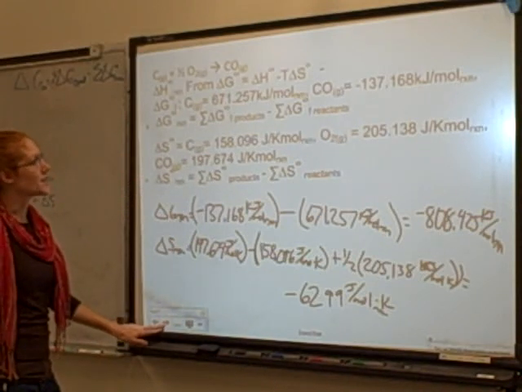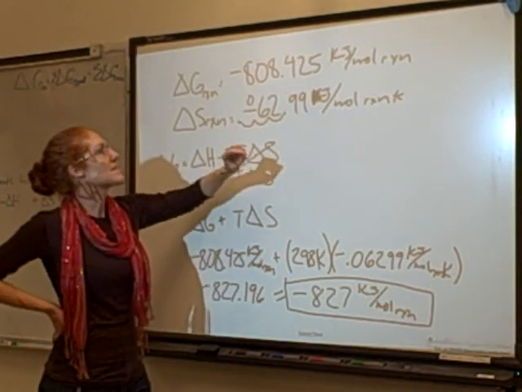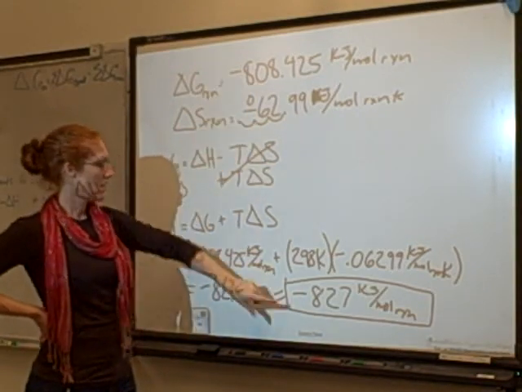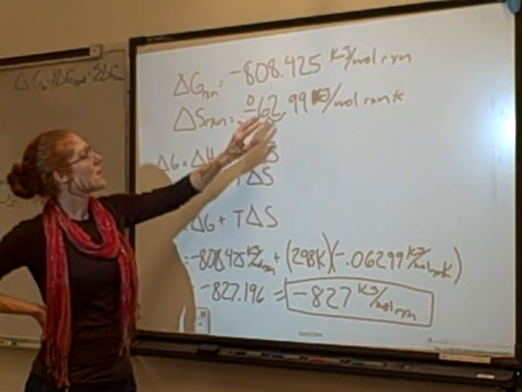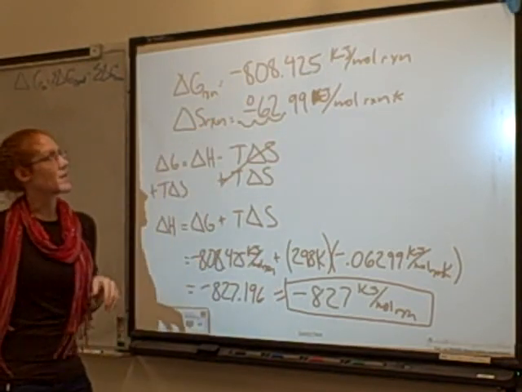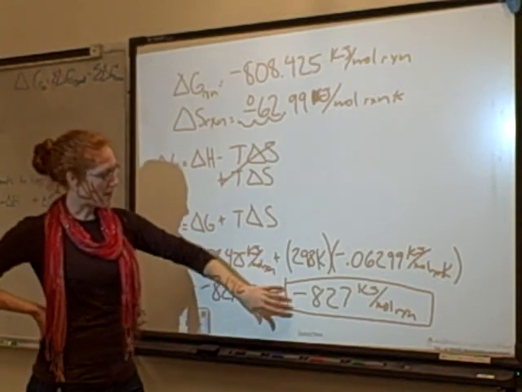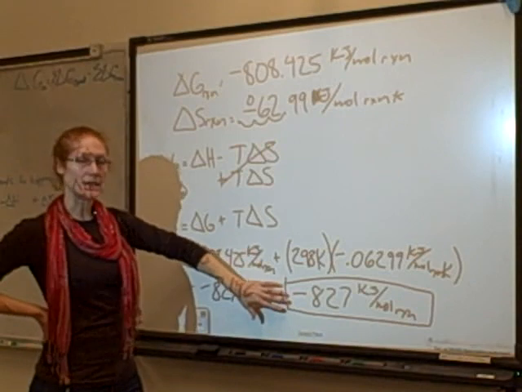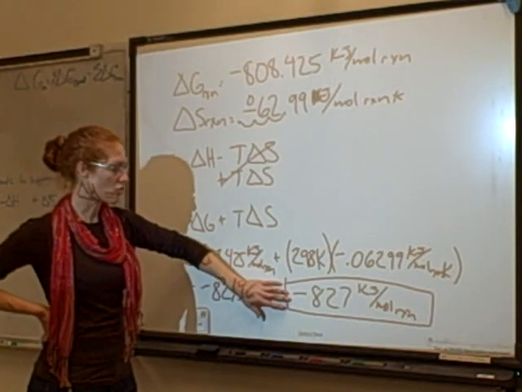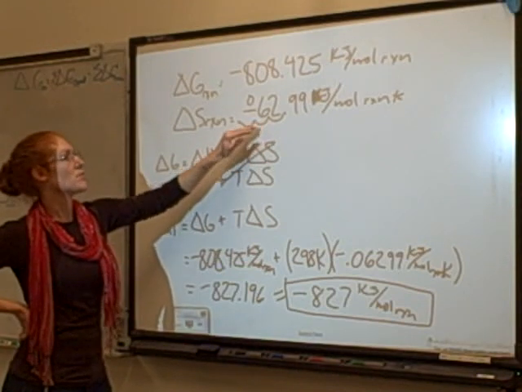And sign-wise, it makes sense too, because we have this hugely exothermic thing, negative 827 kilojoules, the small unfavored entropy, and overall, it is a favored Gibbs. So you can see the Gibbs is mostly enthalpically driven, because the enthalpy is so large and negative, and then you have this small unfavored entropy.